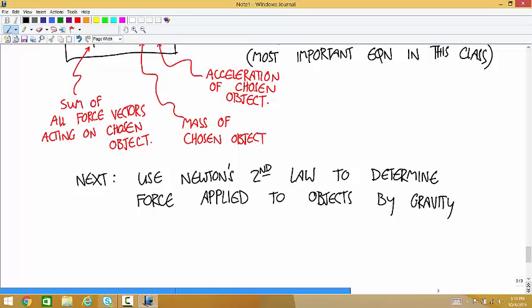And that force applied to objects by gravity is called the weight. Okay, any questions? All right, let's stop there.